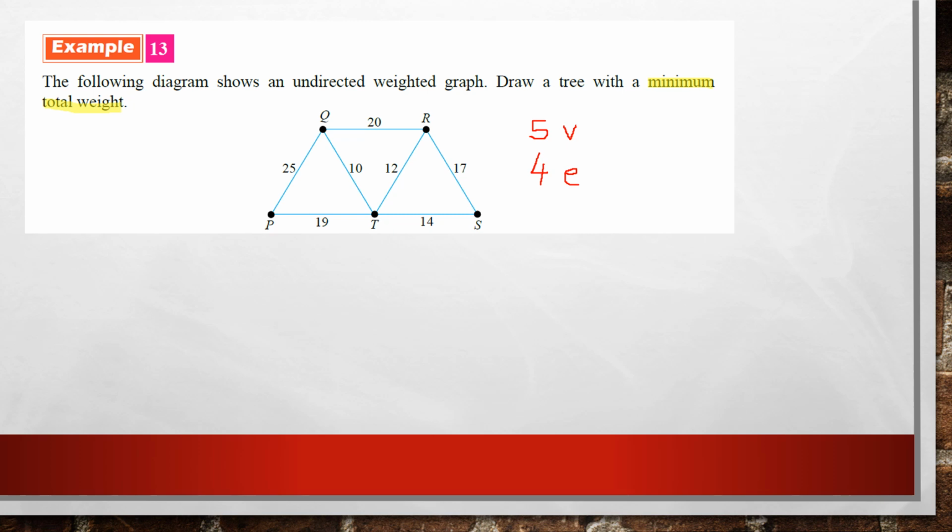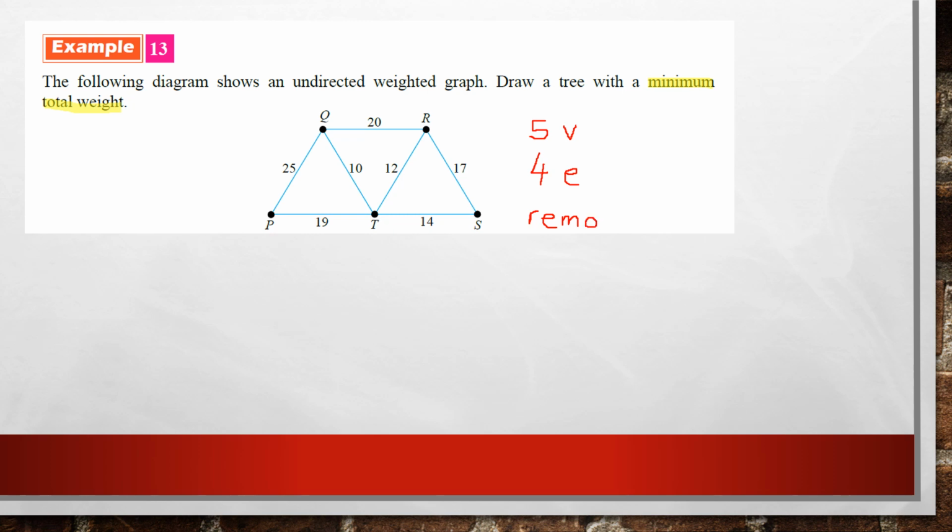But here you have how many edges? 1, 2, 3, 4, 5, 6, 7. So you have to remove how many edges? You have to remove 3 edges. How do we want to remove 3 edges?